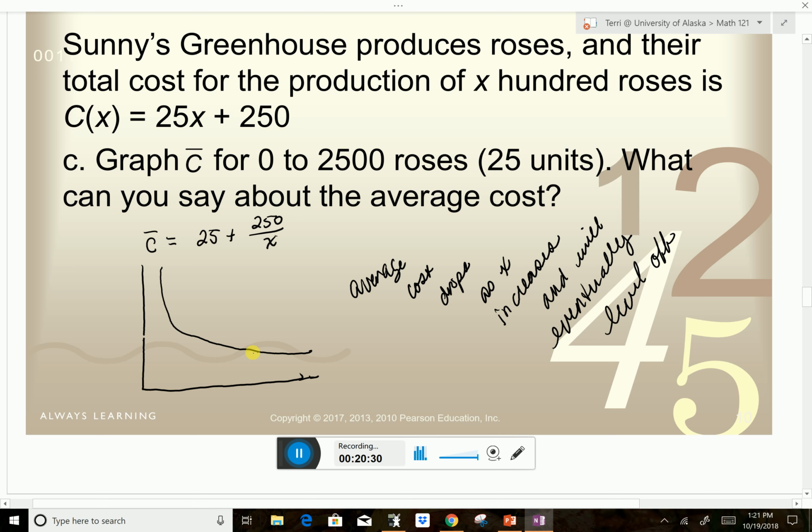So this is eventually going to level off, which we actually did see when we did 2 million roses, I suppose. Or, well, 250,000 roses.